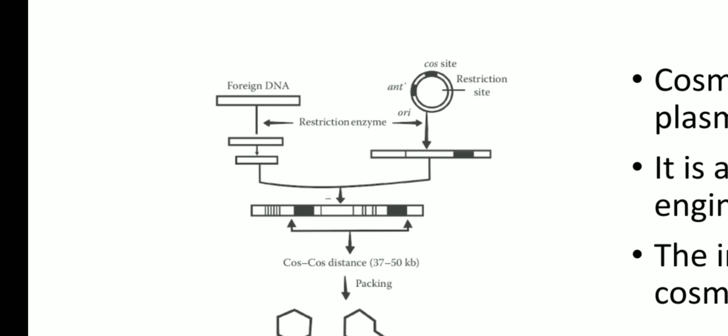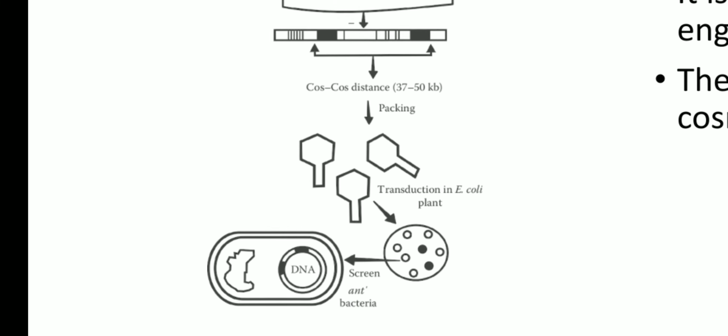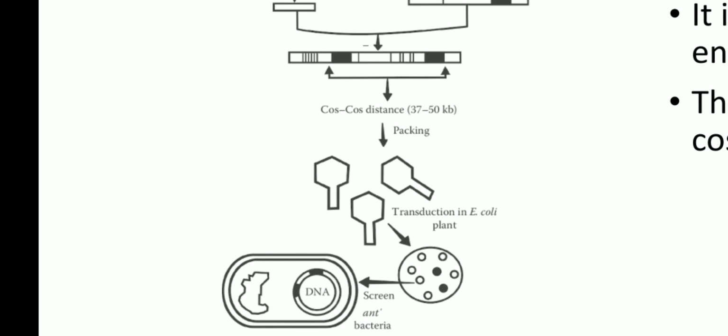The restriction enzyme cuts both the cosmid vector and foreign DNA. Now the foreign DNA is ligated into the cosmid vector and forms a recombinant product. Then this recombinant DNA molecule is packaged into the bacteriophage and transferred into the host cell for rapid propagation.